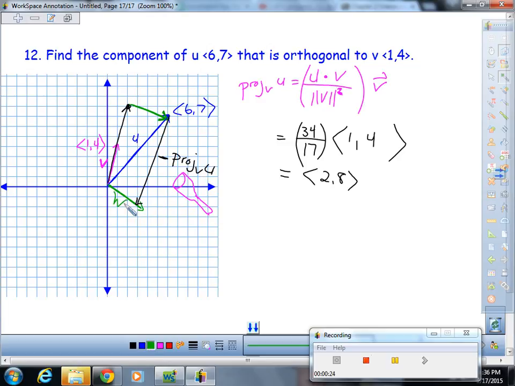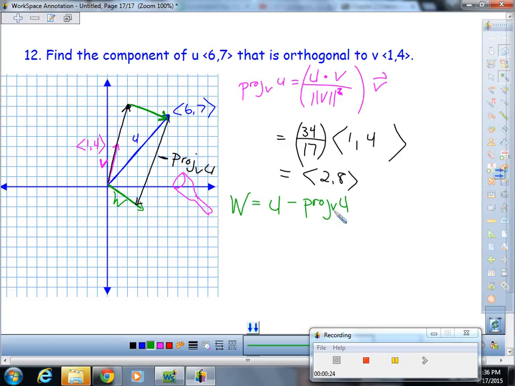So one of your rules is that W is U minus the projection of U onto V. Now I hope you understand why that is, because of this little rectangle that it forms.